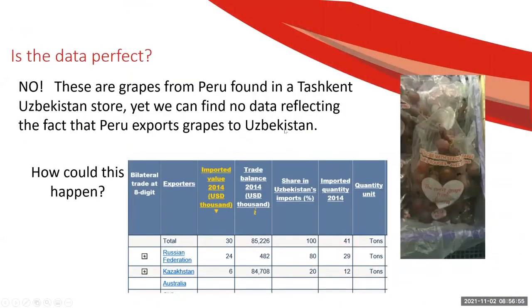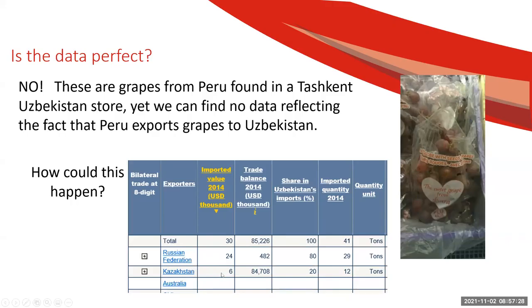Now, as I said, the data is not perfect. I was in Uzbekistan and I found Peruvian grapes in the grocery store. Uzbekistan statistically imports no grapes from Peru, but they were there. So either somebody was using a different HS code or they were being transshipped. You can see here that Russia imports a little bit, $24,000, which is probably one container.